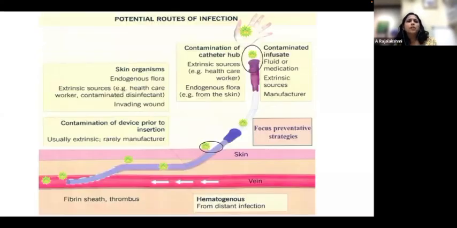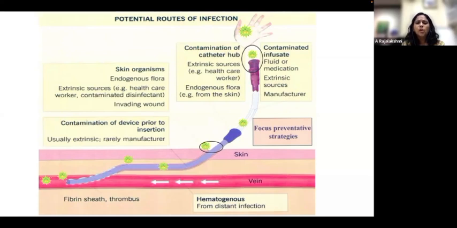So the potential routes of infection can be due to several mechanisms. It can be due to contamination of the catheter hub. It's a very common thing that we find, though we don't usually culture the hub, but it is a potential source which is proven beyond doubt.